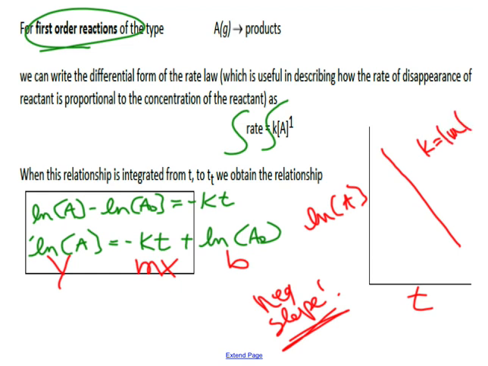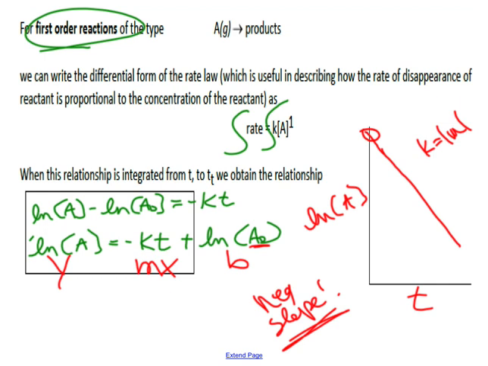The absolute value of the slope. And this time, if I wanted to know the y-intercept, I would find the inverse log, because this is the natural log of A. So I'd find the inverse log of the intercept to find the initial concentration. Okay? All right, so now I know two ways to graph, for 0 and for 1.